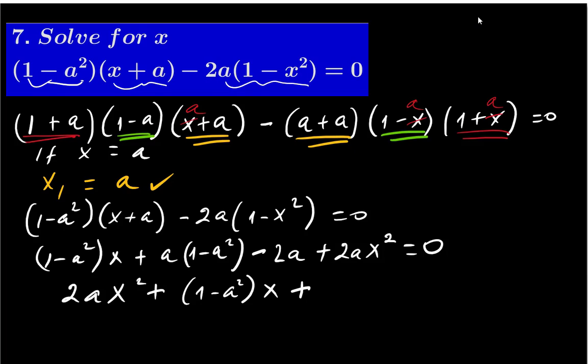That means we can leave it as it is, a times (1 minus a squared) minus 2a is equal to 0. Guess what? We have our quadratic again. We can say this is our small a, original a, this is original b, and this is c.